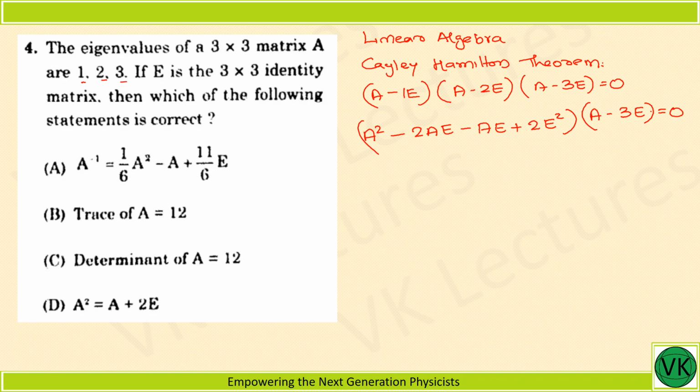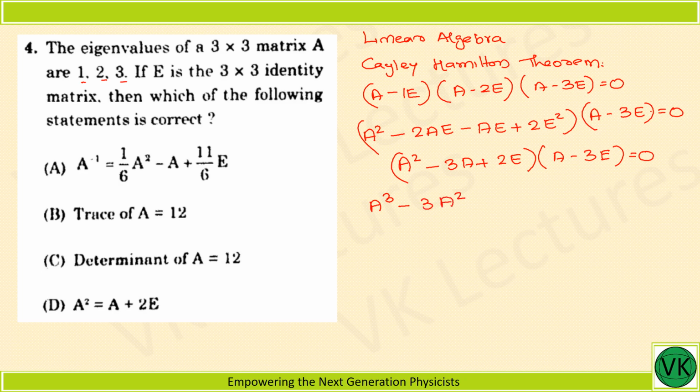This gives us A square minus 3A plus 2E times A minus 3E equal to 0. So this becomes A cube, then 3A squared with the minus sign.